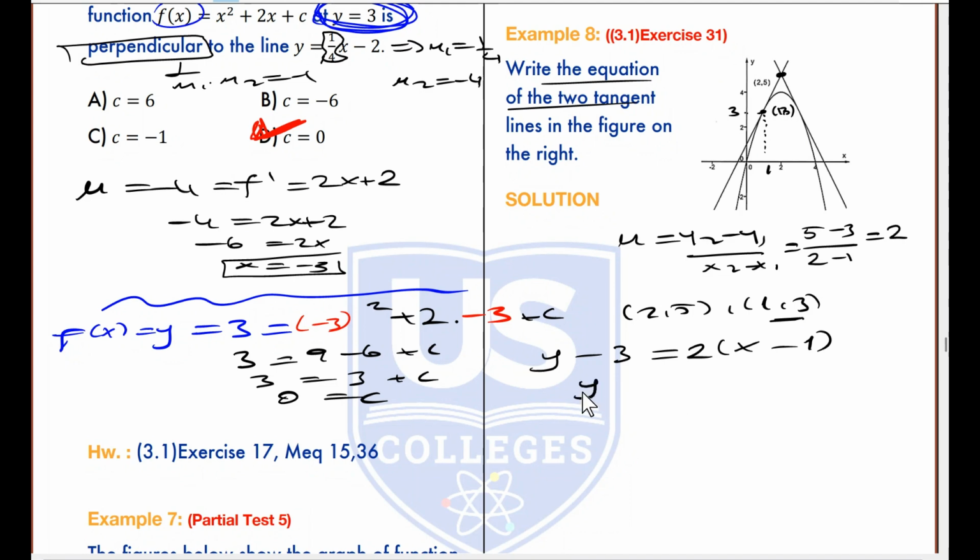And simplify. y equals 2x minus 2, when I bring 3 to the other side, plus 3 is plus 1. So that's one of the equations. You can find the other one by using the point (2, 5) and that point, which is probably (3, 3). You do the same steps: find the slope first by using those 2 points and write the equation. The second equation is up to you.